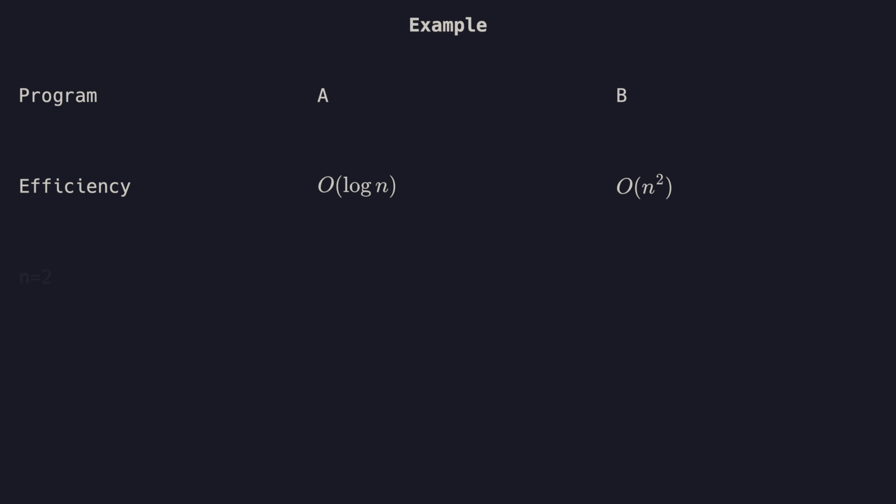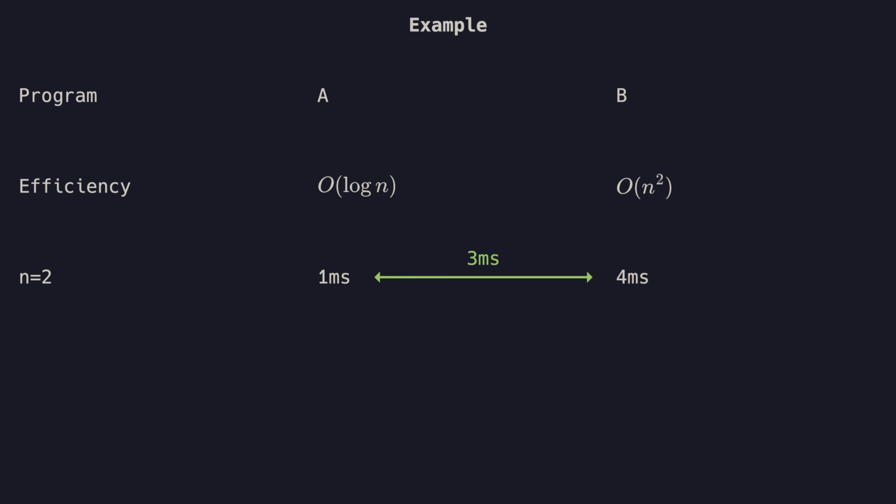You test both of these with two inputs while testing. Let us say program A takes 1 millisecond to complete and program B takes 4 milliseconds to complete. Now, since the difference between the two is just 3 milliseconds, it feels like it is a minuscule, insignificant difference.